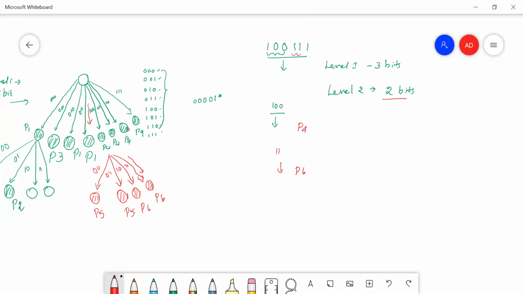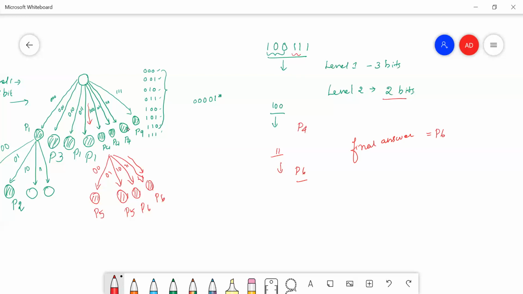We have to discard that and come down for searching the next level. So 2 bits, 1, 1 is considered, and P6 will now be considered as the best matching prefix. So the final answer for the best matching prefix for the incoming destination IP prefix 100111 is P6.